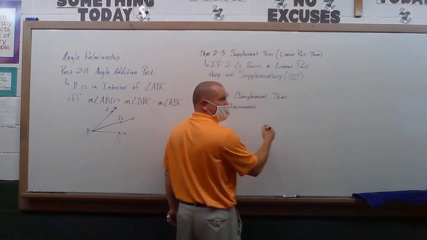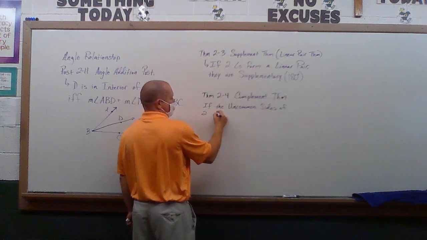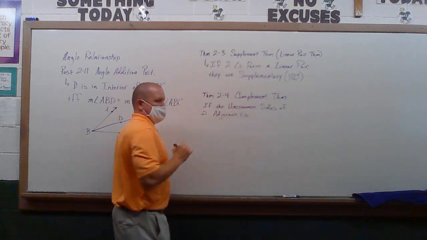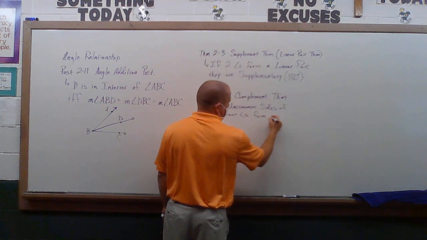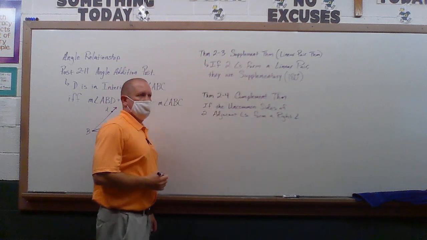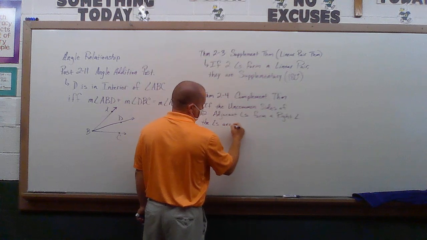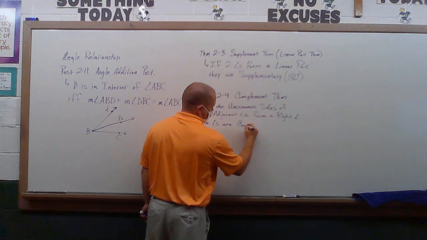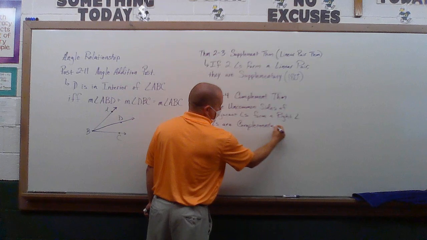So if the uncommon sides of two adjacent angles form a right angle, the angles are complementary. Oops. No. So again, the words to me, they made it way harder than it has to be.